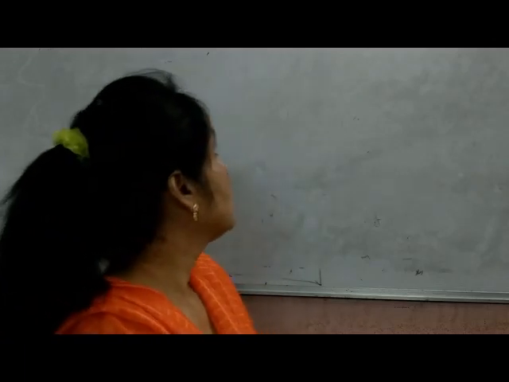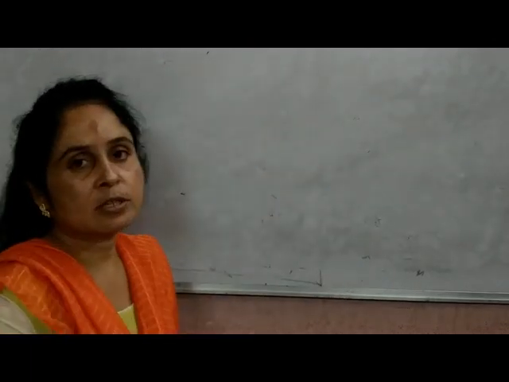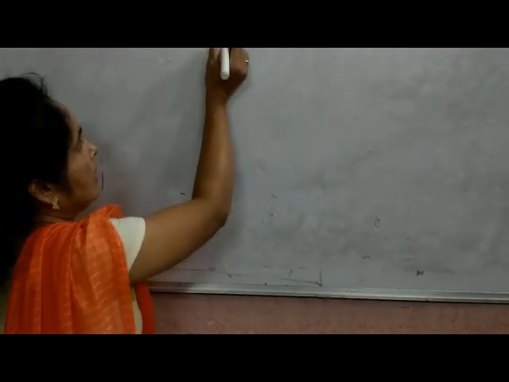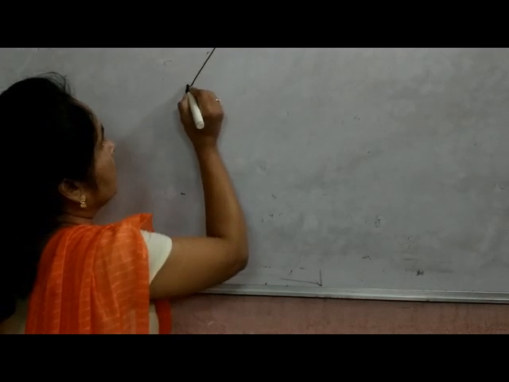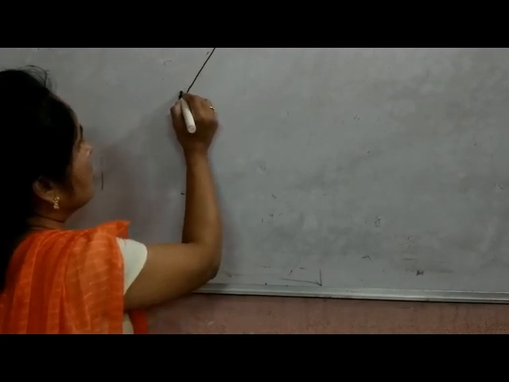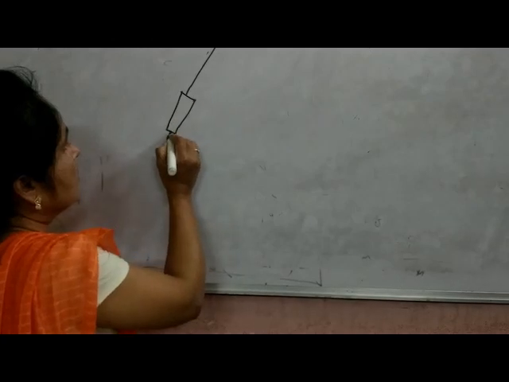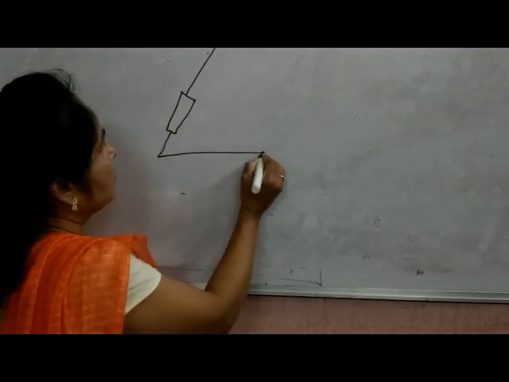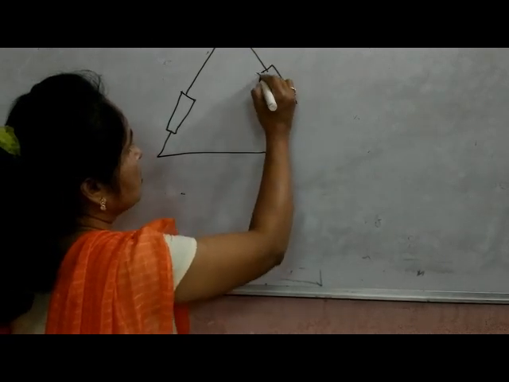Firstly, I will tell you about the delta connection. The structure of a delta connection is like a delta, as you will see in this figure. The connection has a delta-like structure.